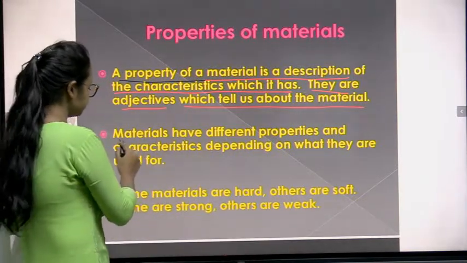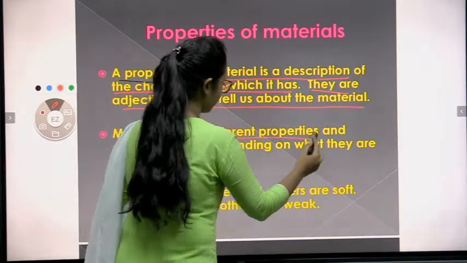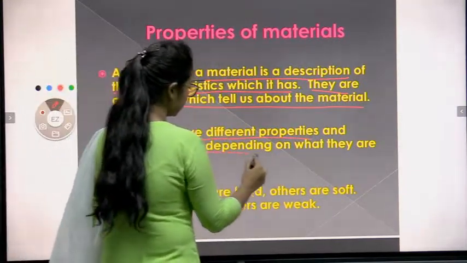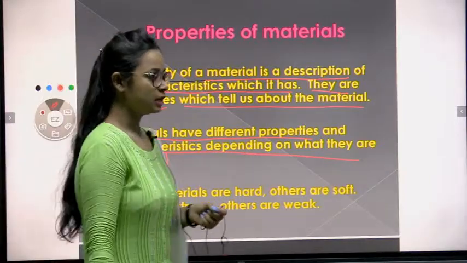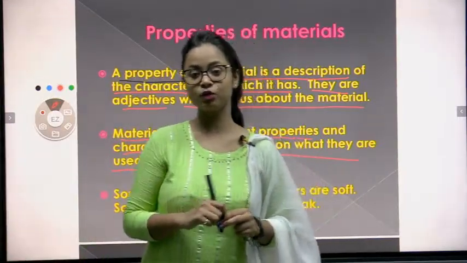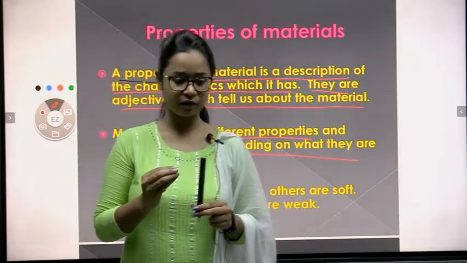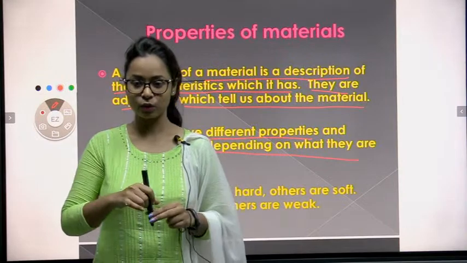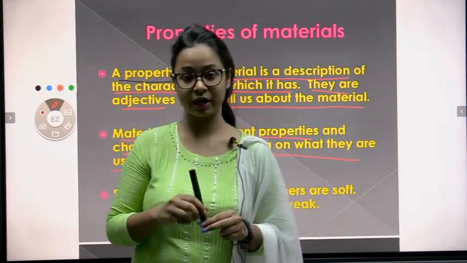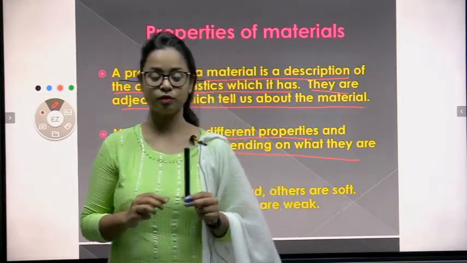Next, materials have different properties and characteristics depending on what they are used for. For example, a pen is basically used for writing. If I give you a bunch of copies, pens and pencils, you can easily differentiate what is used to write. Pens and pencils are used for writing.